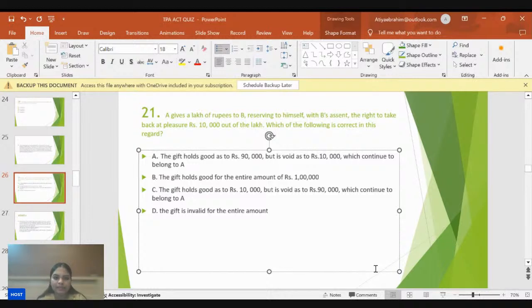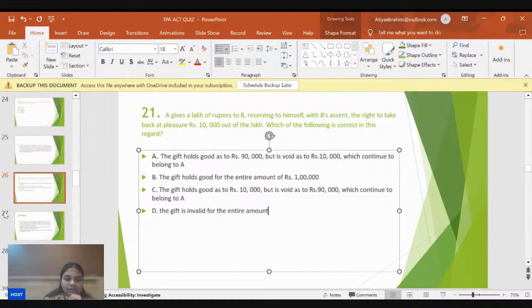So A has said that I'm giving you a lakh of rupees, and that too, he's gifting that amount to B. And with B's assent, he also has a right to take back at pleasure rupees 10,000 out of the lakh. So, will the gift hold good for the whole amount, or will the gift hold good only for 90,000? What do you think?